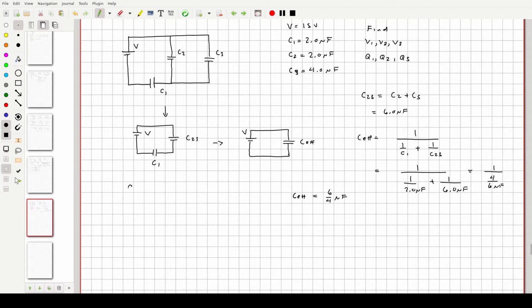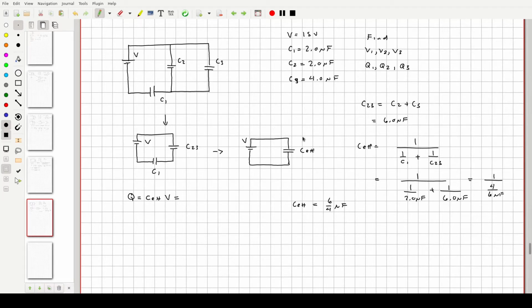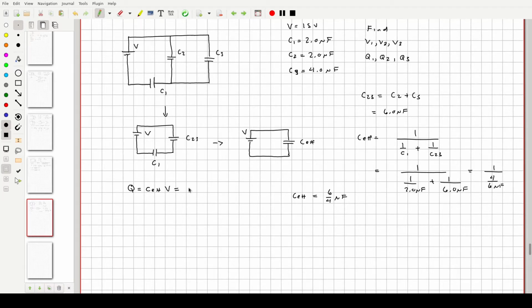Now we can use Q is equal to C effective times V. We know V is 15 volts. This is going to be 6/4 times 10 to the minus 6 farads.